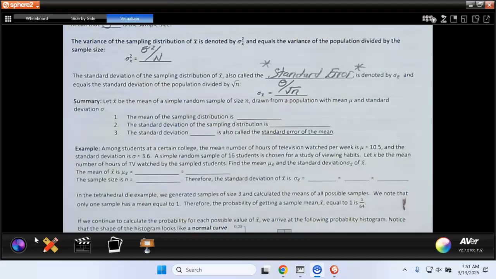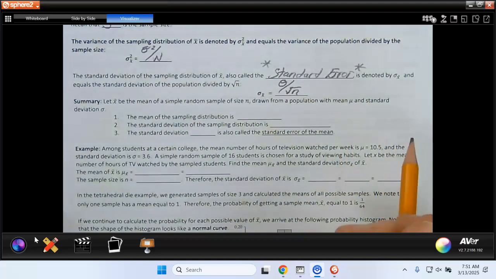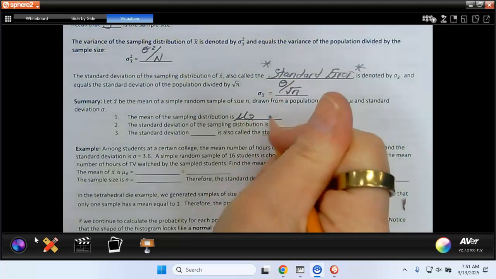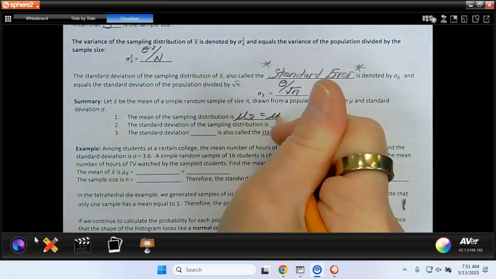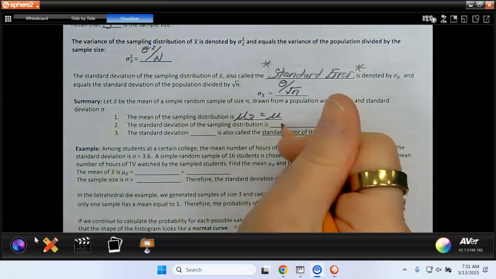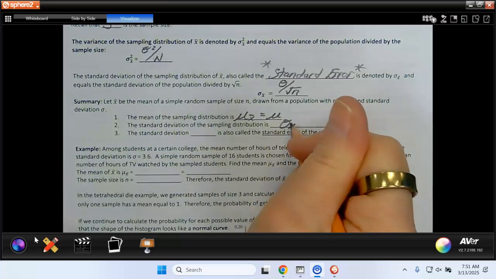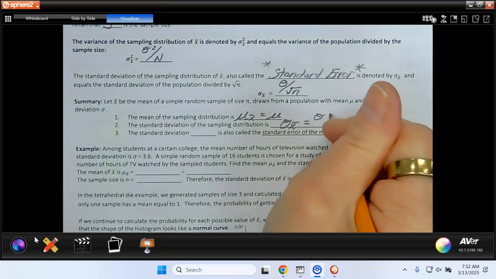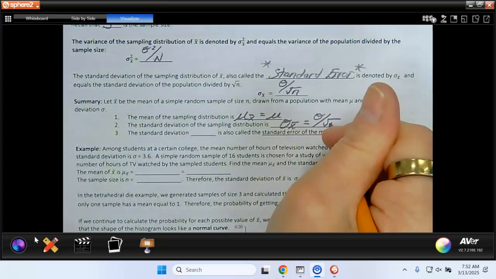Okay, so in summary, the mean of the sampling distribution, which is mu sub x bar, is equal to the mean of the population. The standard deviation of the sampling distribution, so sigma sub x bar, is equal to the standard deviation divided by the square root of the sample size.